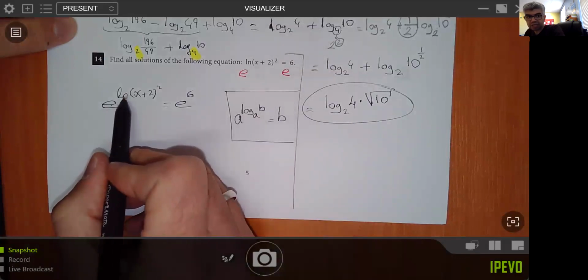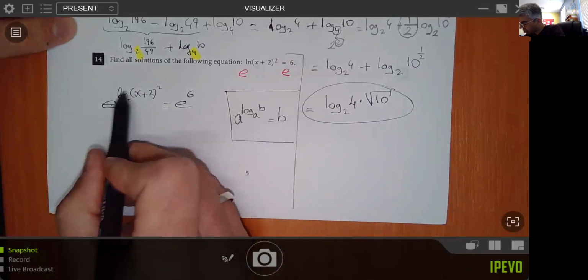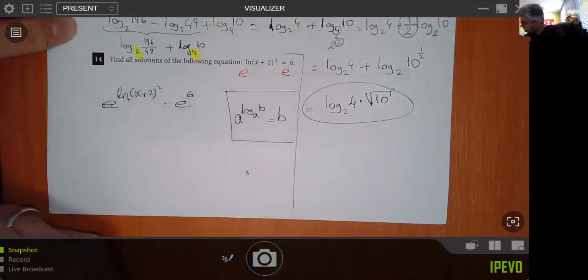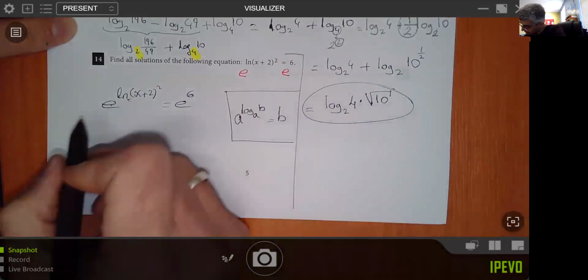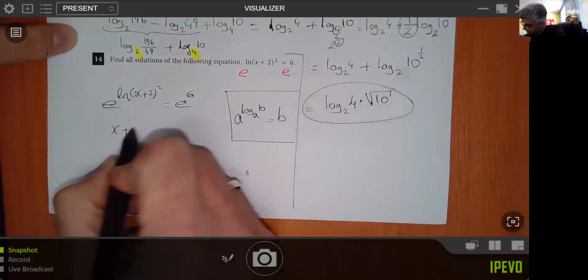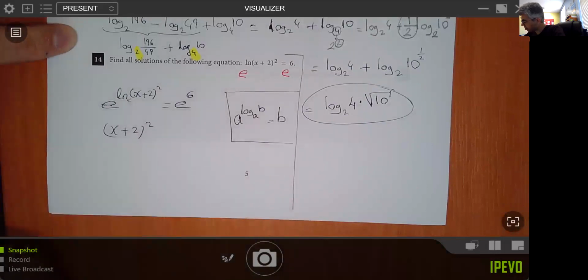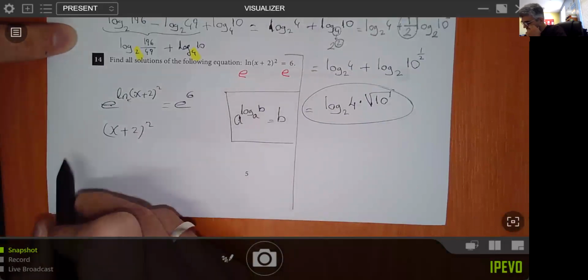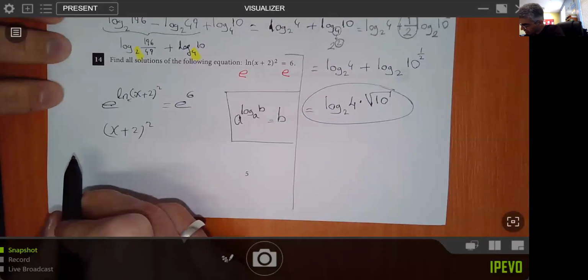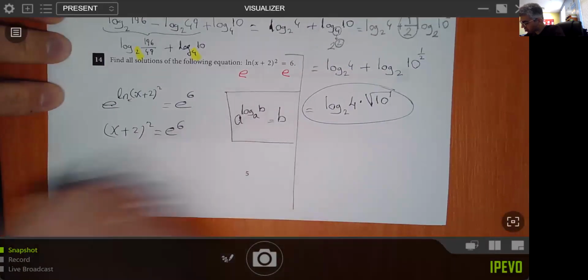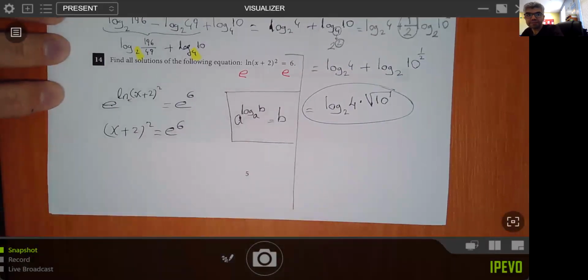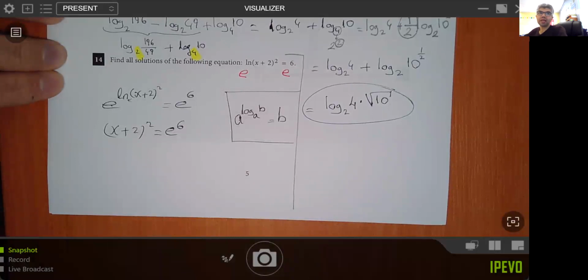And ln means the base is e. So here actually we have log with the base e. It means the left side will be x plus 2 squared, and it's equal to e to the power of 6. Is it clear?